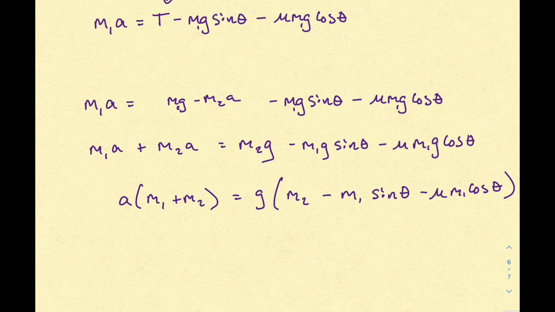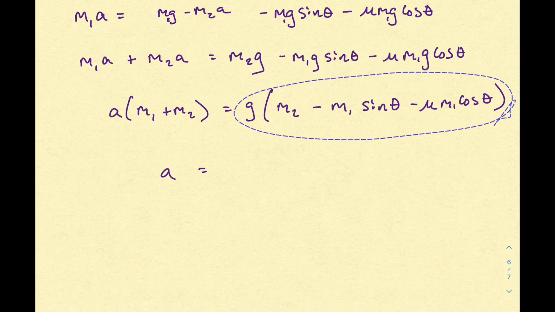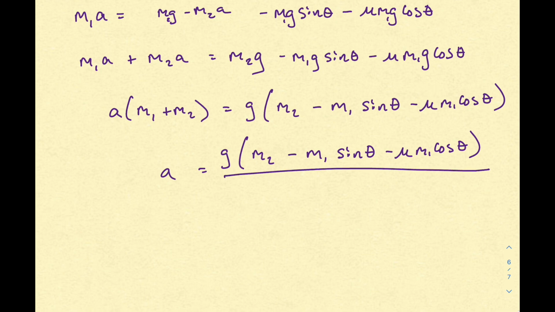All right, and then I can divide both sides by this term right here, and this now becomes A is equal to this whole line right here, divided by this term M1 plus M2.